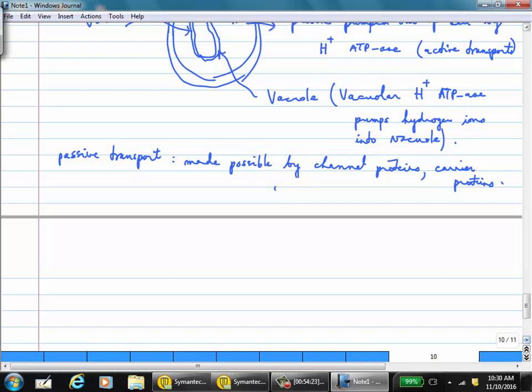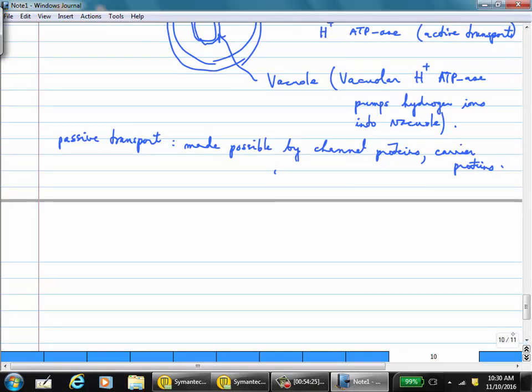Now, if you have active transport, again, any questions? You can have two types of active transport. You can have primary active transport, and you can also have secondary active transport. Again, remember, active transport is going to be against the electrochemical gradient, all right? So it is going to require an input of energy.